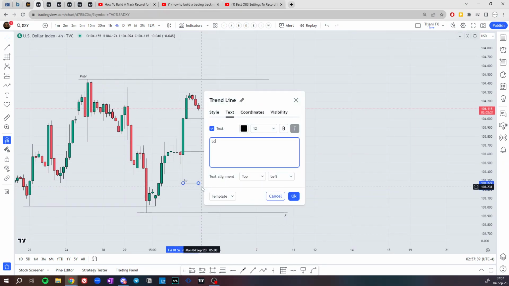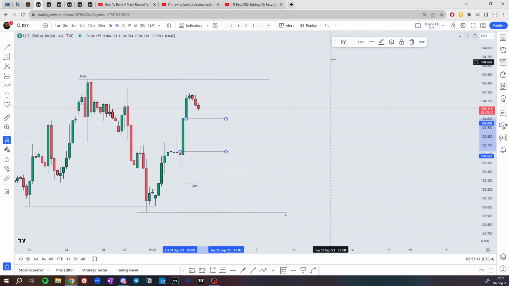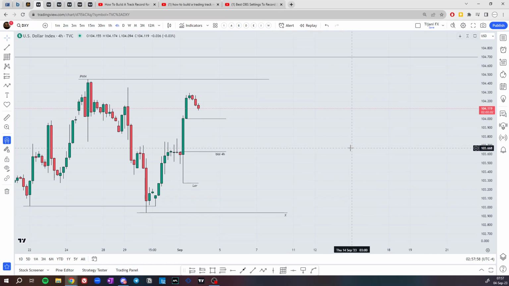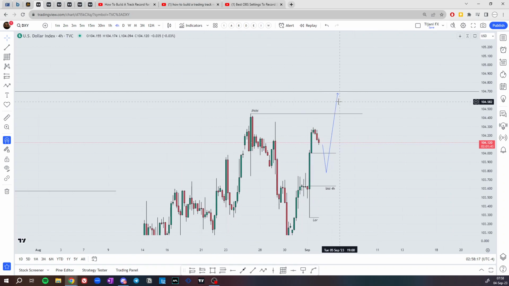So this is the low of the range that I'm using. Right? I want to see price retrace to fill this fair value gap, then a continuation higher, taking the previous weekly highs, the buy side liquidity above these equal highs, then the quarterly candle's high.